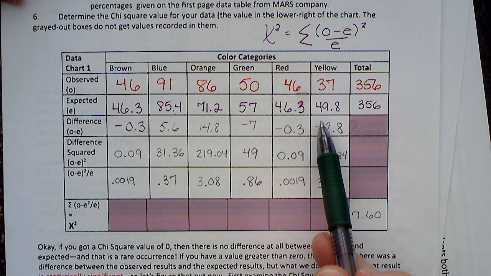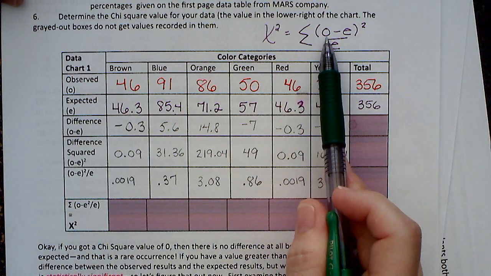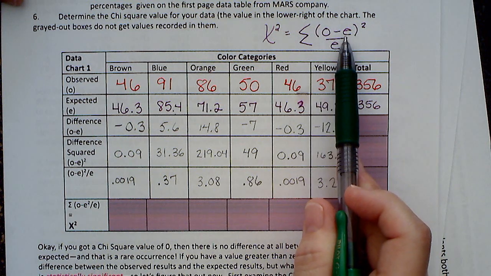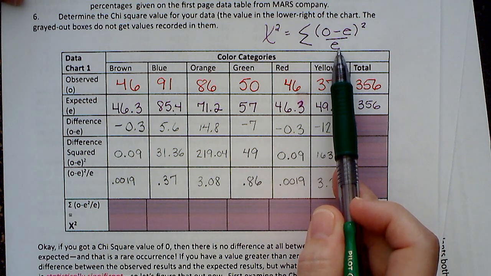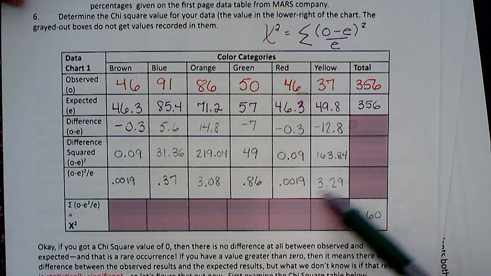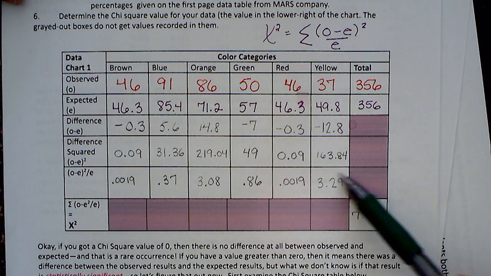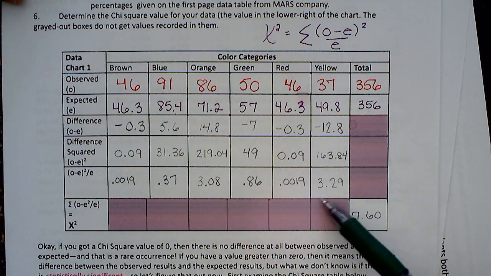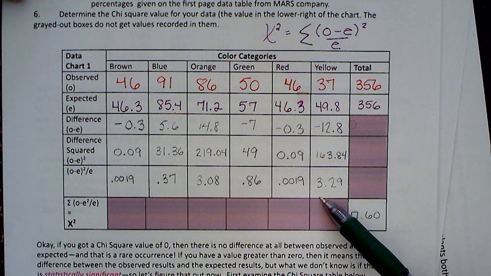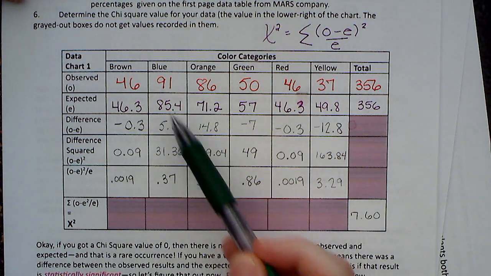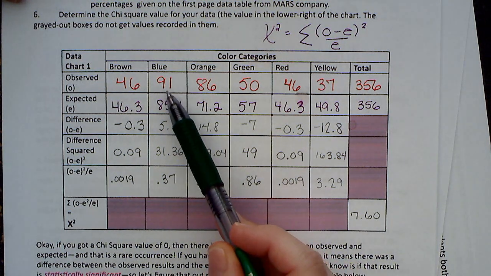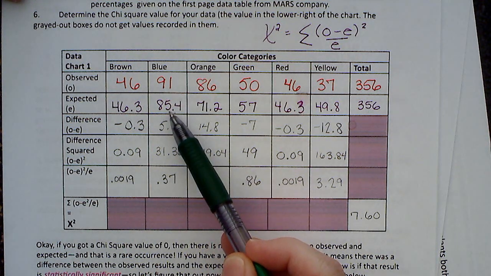So remember, with our equation, for each of these we take the observed value minus the expected value and then square it and then divide by the expected. So this chart just takes you through that and allows you to write down each of these to help you out in our first trial in doing our chi-square test. So for instance, if I did the blue one, our observed value was 91 minus the expected value of 85.4.